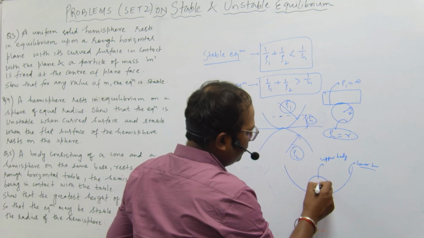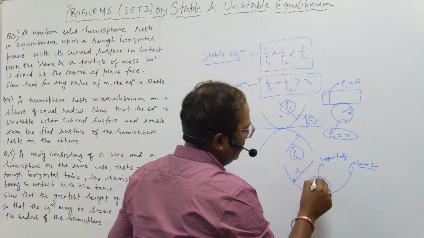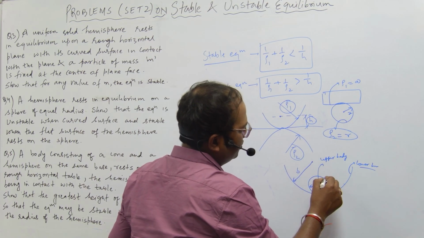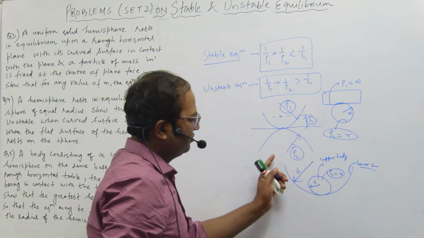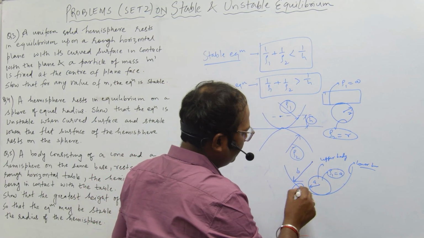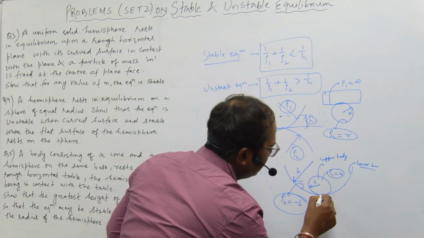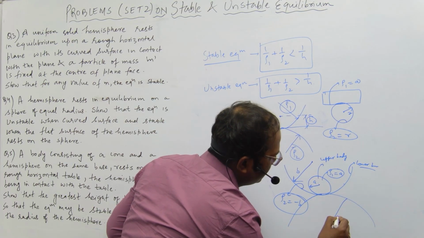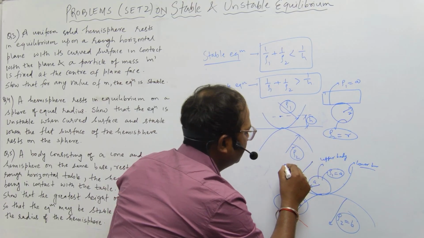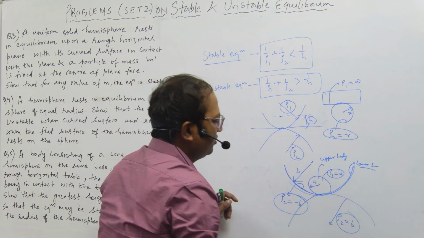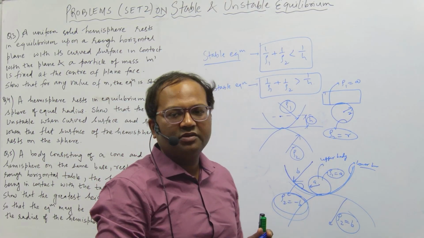Suppose the radius of this shell is b and this one is of radius a. So the radius of curvature of the upper body rho 1 will be a, and the lower body is in inverted fashion, so its radius of curvature rho 2 will be minus b, because if it was in the original fashion, then rho 2 would be equal to b, but since we have inverted it, the radius of curvature will be minus b. These are the concepts that we have seen in the previous lecture.